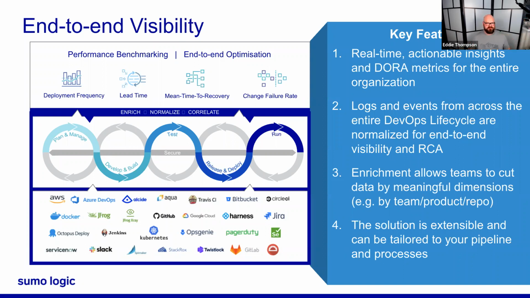We're automatically enriching this data so that you're able to see things happening across the entire solution. And it's also extensible, so you can enrich the data in ways which are meaningful to your team. So if you've got a specific team or business unit or product repo that you want to be able to slice and dice that data by, you can. You're not stuck with what we decide for you.